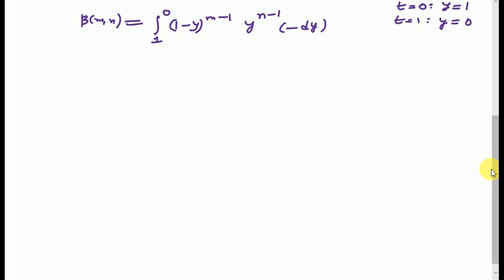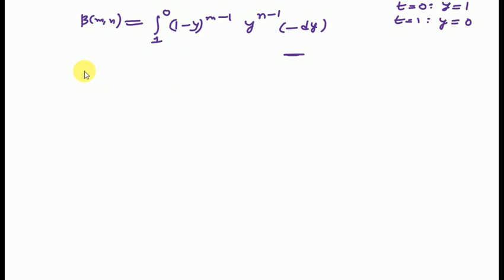Now let us see further. With the minus sign that I have here, I can interchange the limits. So you eliminate the minus sign here and change the limits: the lower limit will become the upper limit and the upper limit will become the lower limit.